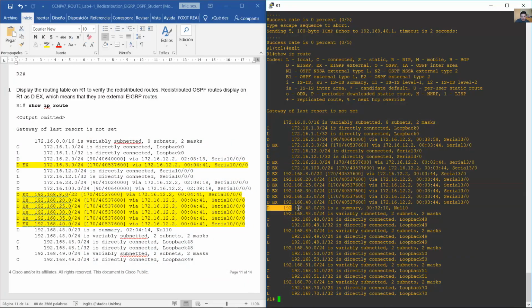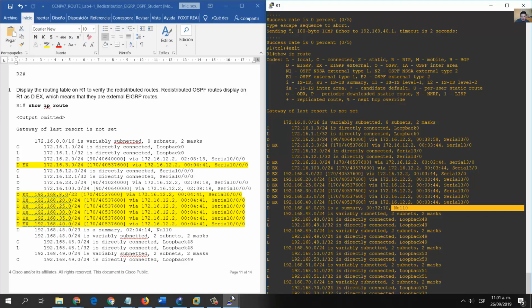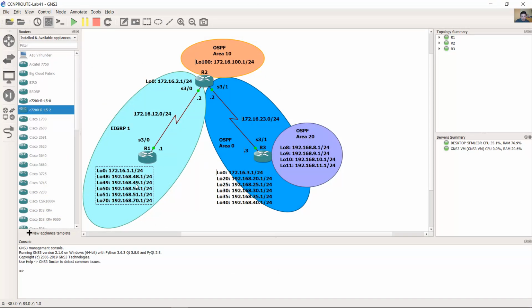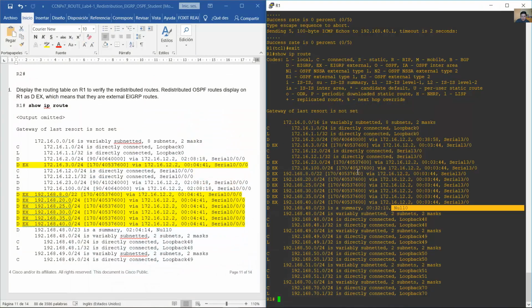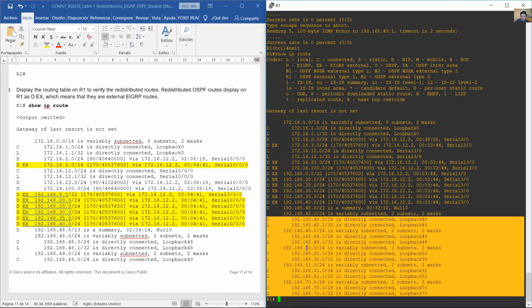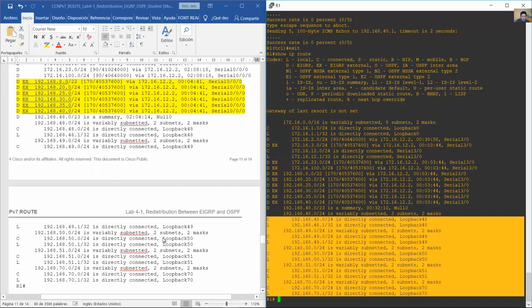And 48.0 is the summary to the Null0 interface, the summary of 48 and 49. And any other directly connected networks, the loopback interfaces on the local router R1.